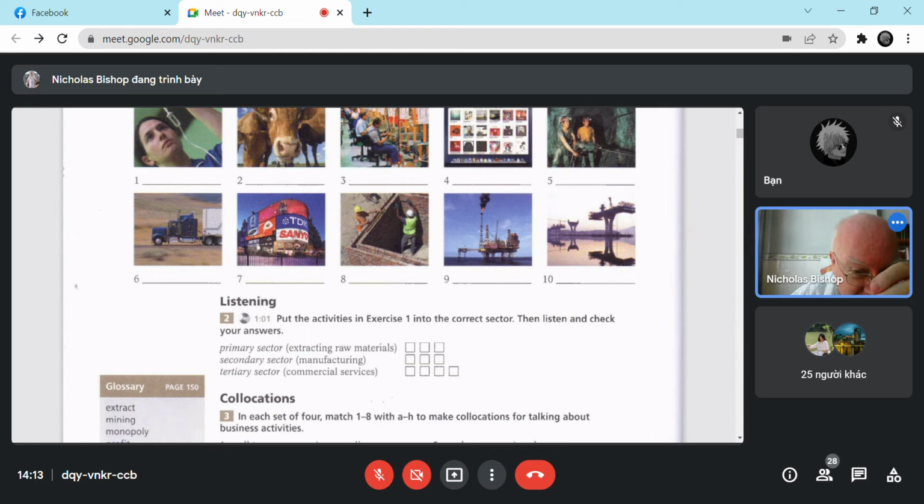And then there's a tertiary sector, where tertiary means the ordinal number 3. Tertiary sector, which is commercial services, and there are 4 boxes for that. So 3, 3, 4. Can you put the numbers in the correct boxes? Now, if you're very clever, you can just do that now. But to help you, let me play you the recording. Tell me if you can't hear it.